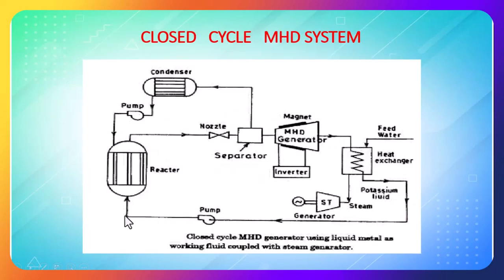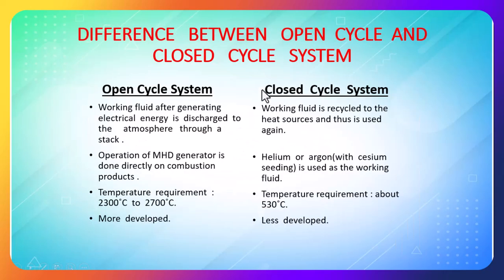So think here, if the reactor heat is around 700 degrees, it is more than sufficient for my MHD, but if normal gas is taken, you need a heat of 2700. That is where we go for closed loop. When a sufficient amount of heat is not available, you go for closed loop and use an additional gas, which gets heated and comes to conductor state at a lower temperature.